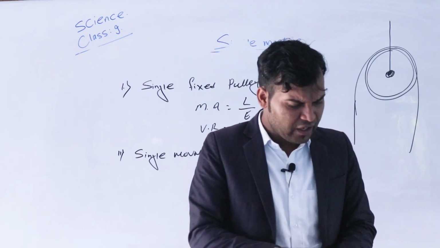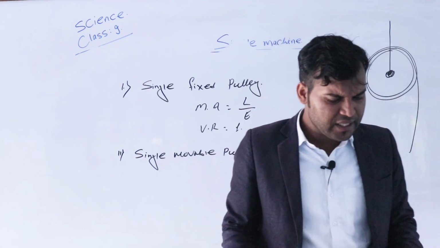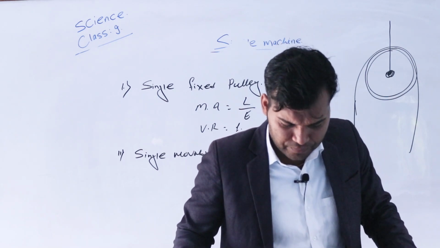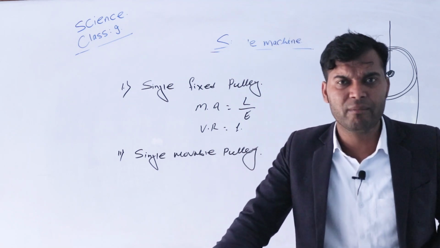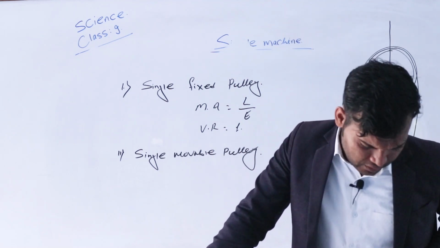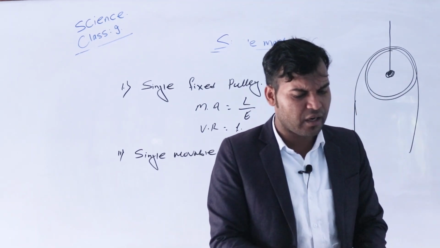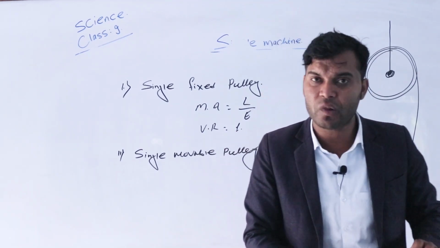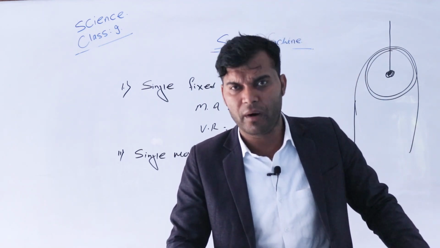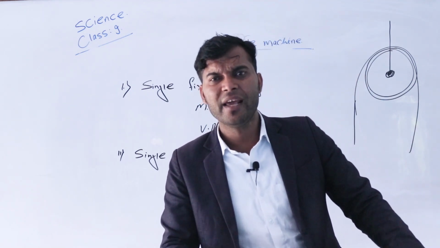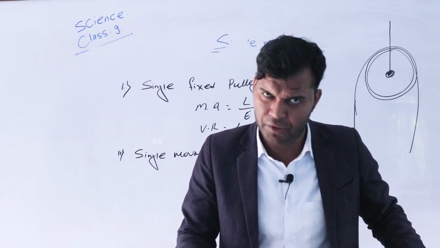The VR of a single movable pulley is 2, because the distance traveled by the effort is double the distance traveled by the load in a single movable pulley.